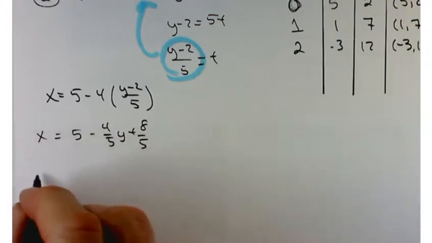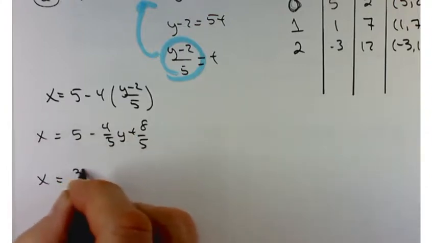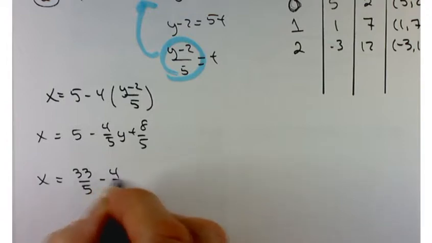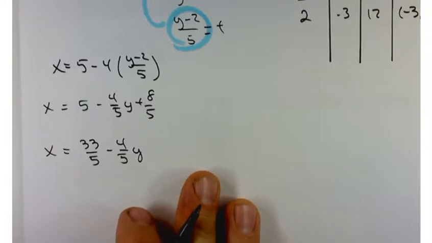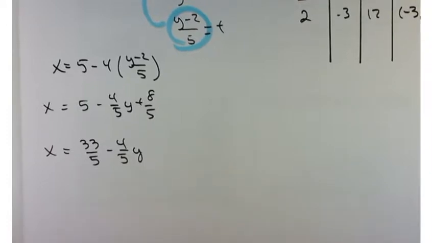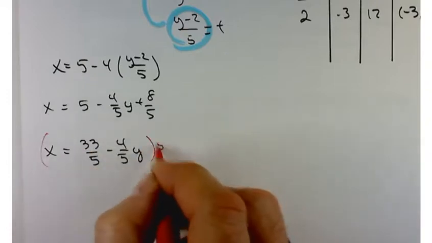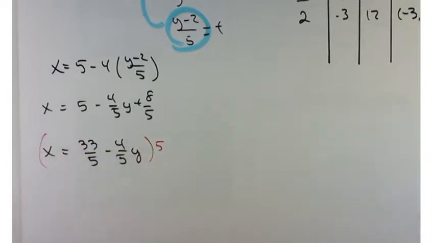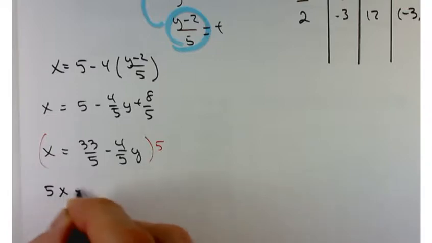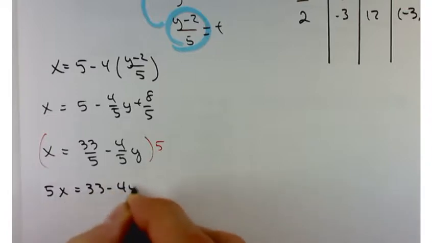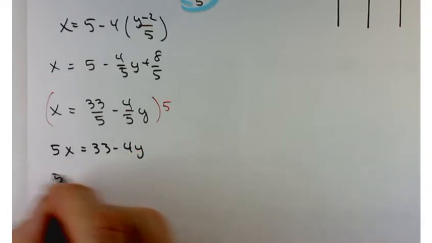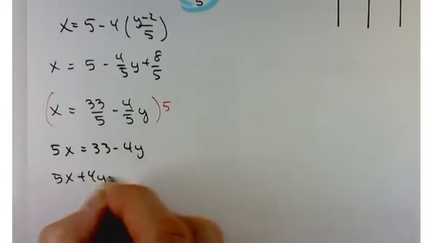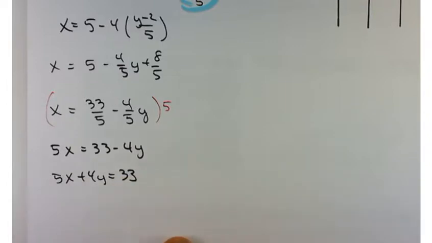So it'll be x equals 33 over 5 minus 4 over 5 y. Not exactly a really pretty equation. We can maybe clean it up a little bit more. If I multiply everything through by 5, I get 5x equals 33 minus 4y. Or better yet, moving this to the other side, 5x plus 4y equals 33. And that's not too bad.